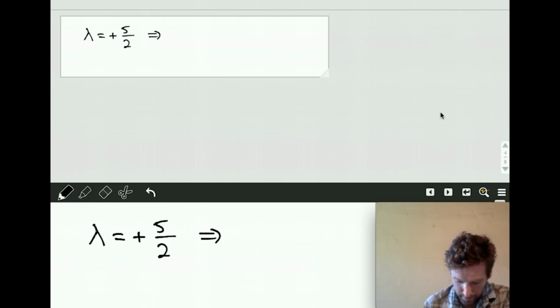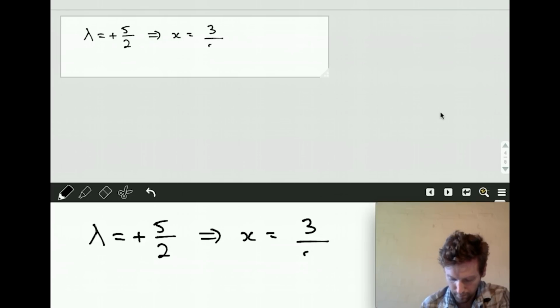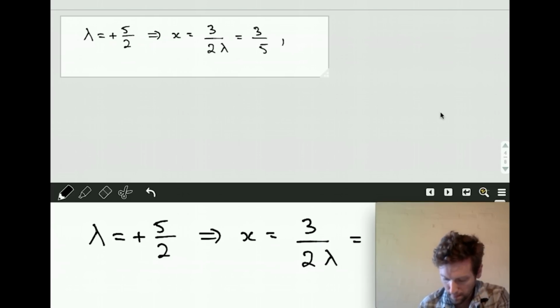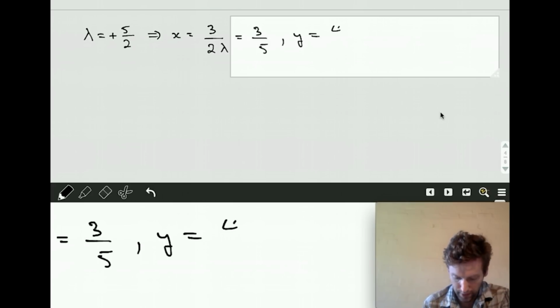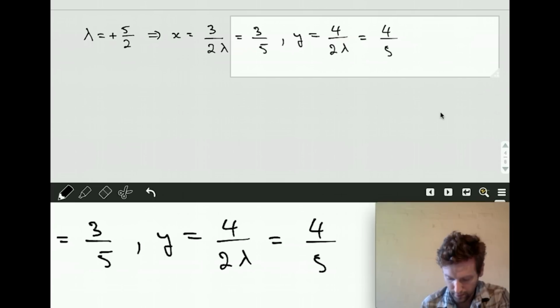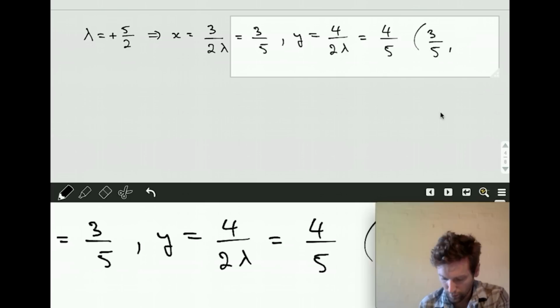In that case, x is equal to 3 over 2 lambda, so that's going to be 3 over 5. And y is equal to 4 over 2 lambda, so that's going to be 4 over 5. So we get the point x equals 3 over 5, y equals 4 over 5.